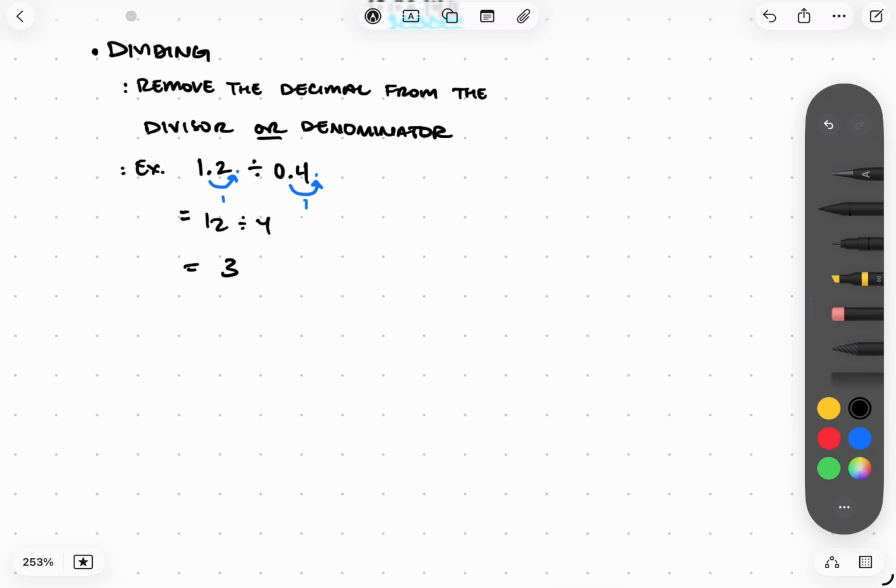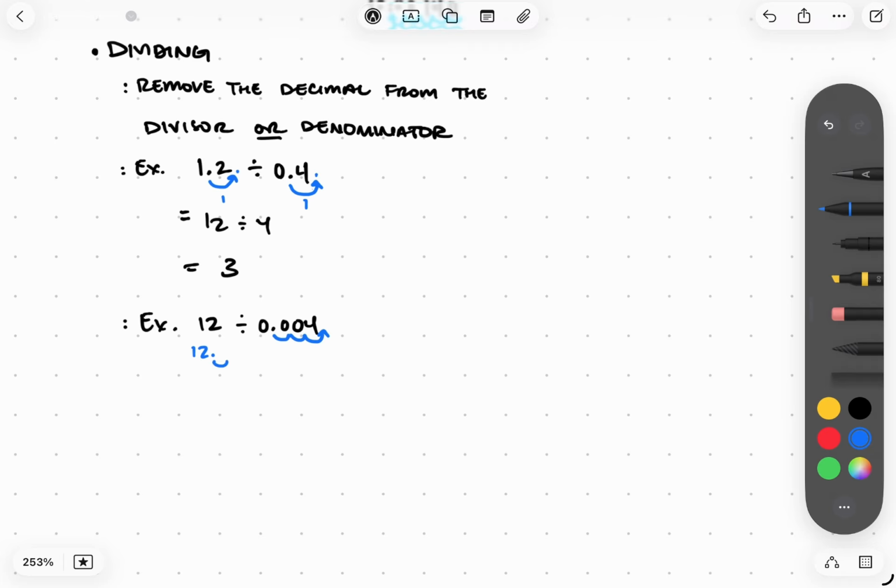All right, so what if there's another example here where we have 12 divided by 0.004? What do we do there? Same rules here. We are going to do 3 decimal places, which means from the 12, I have a decimal place right there.